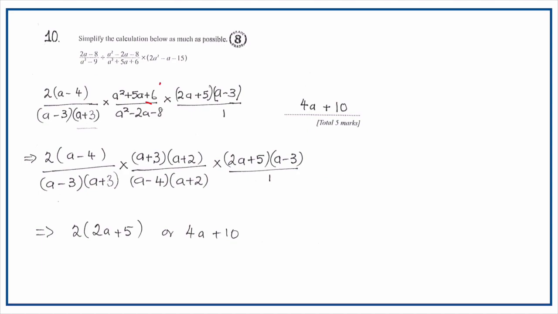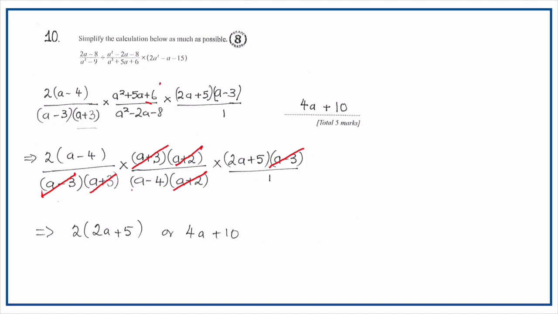Okay, so here we can cancel things down, dividing. So a minus 3 here cancels with a minus 3 up here, and a plus 3 cancels with a plus 3 up there. A plus 2 cancels with a plus 2 here. A minus 4 cancels with a minus 4 here.